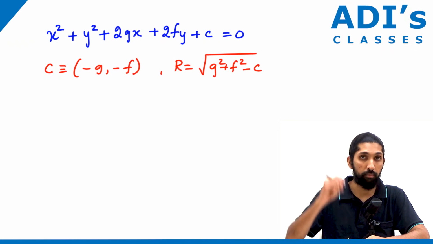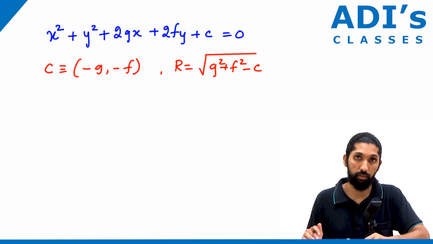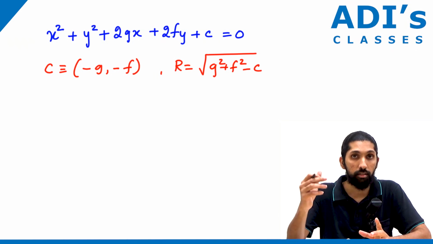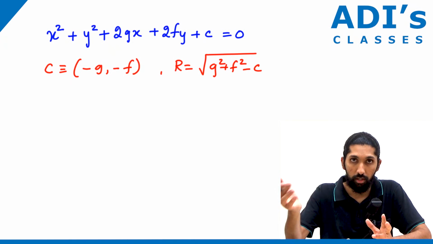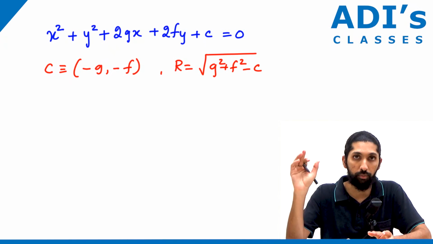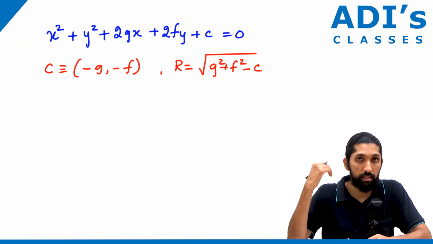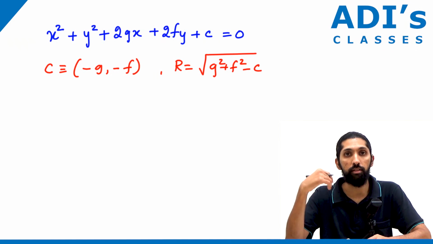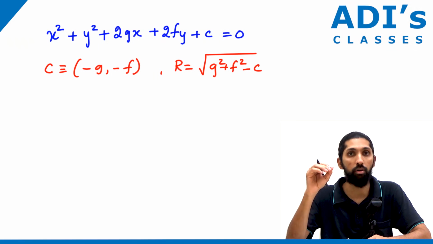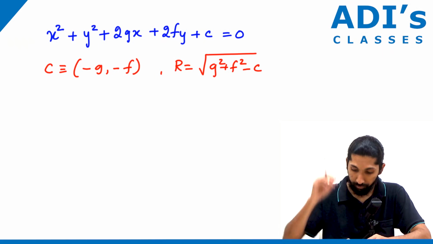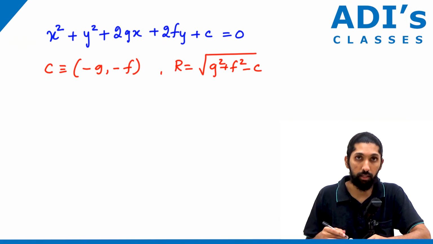I'll show one example so that you know how to apply this. This is just a shortcut, a trick you can use to get the correct answer very quickly. You don't have to do the entire thing. But use these kinds of formulas whenever you have an MCQ or when you're short of time. Fair enough?